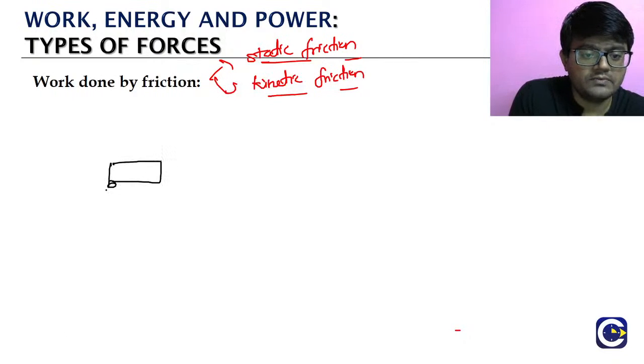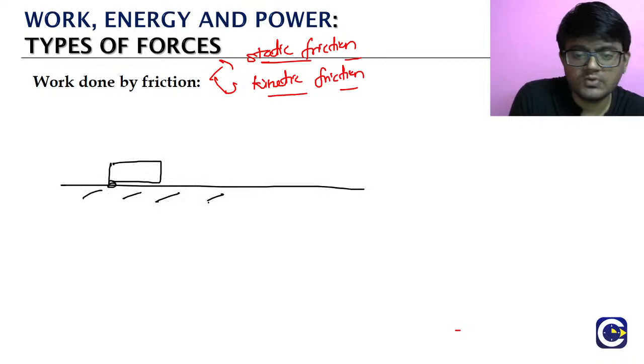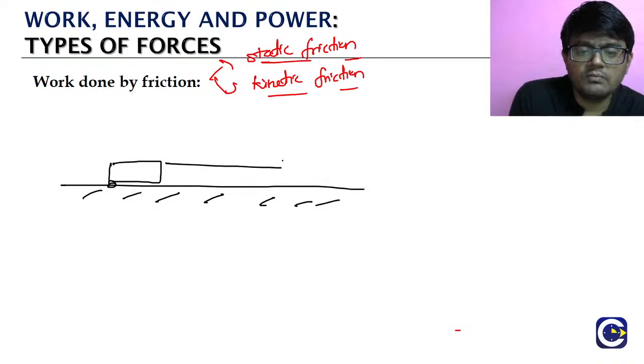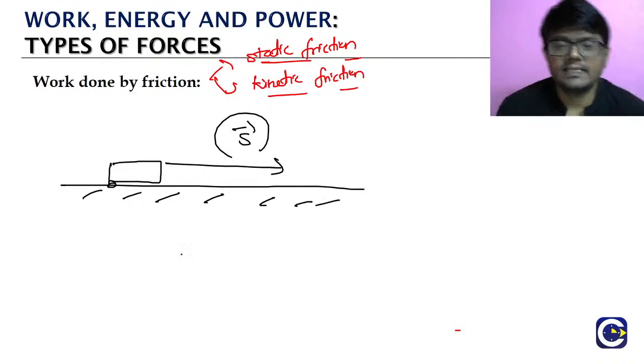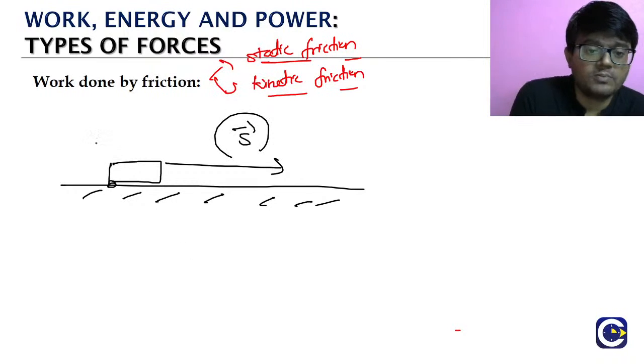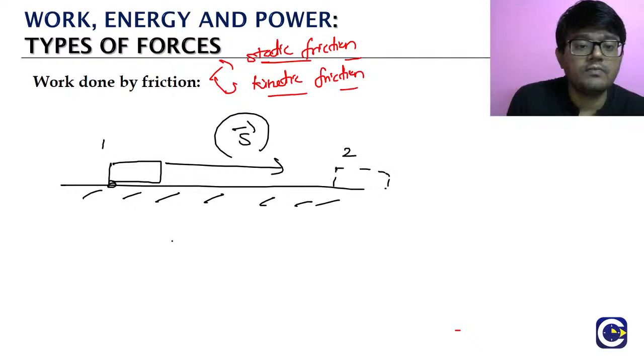There is an object on a floor, and we are moving it with a displacement toward the right side, from point 1 to point 2.